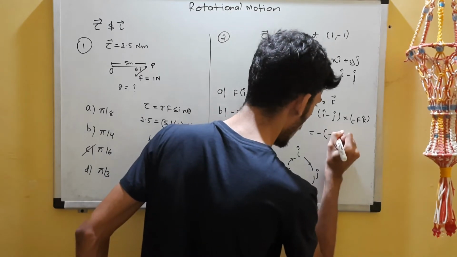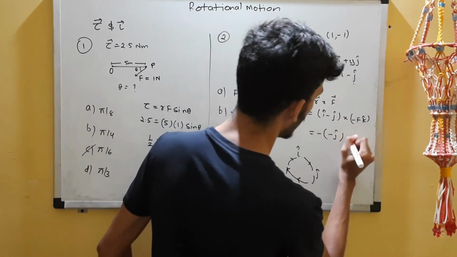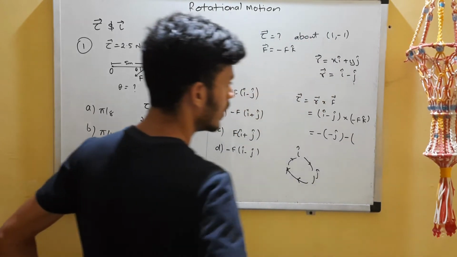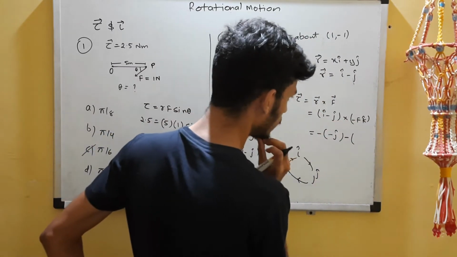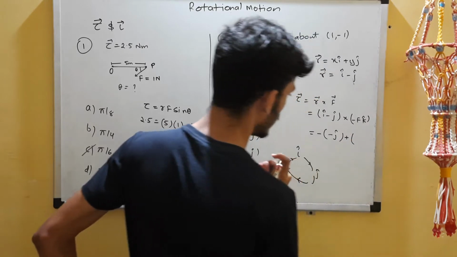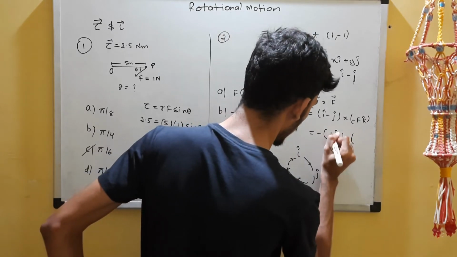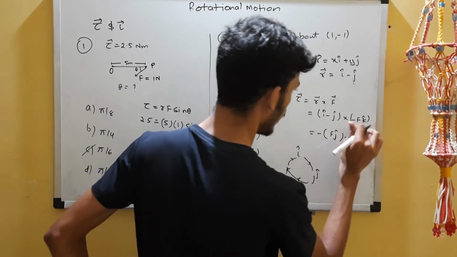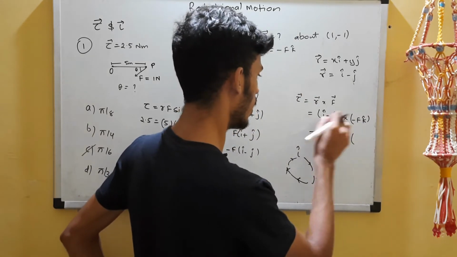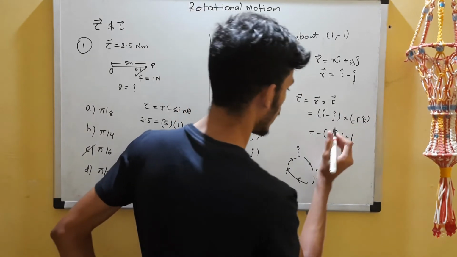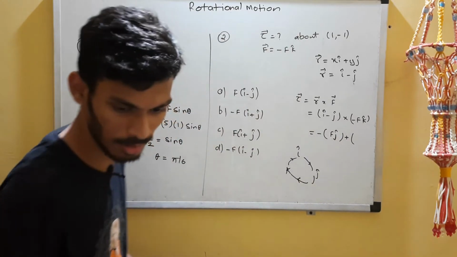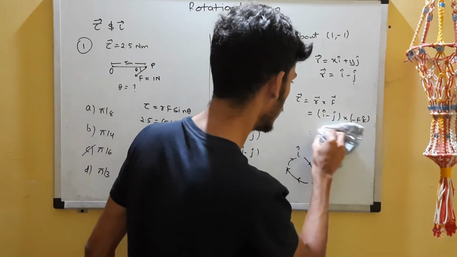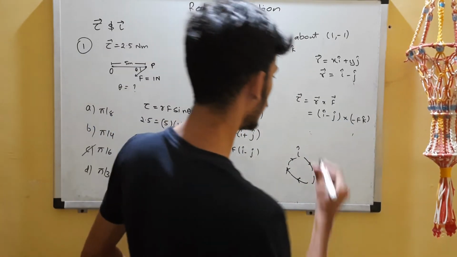So we'll have minus j cap, and this minus sign will cancel, and we have also F, F k cap, right? So i cap cross k cap, and we also have an F. Not to confuse you, I'll do that again. So we'll multiply it.